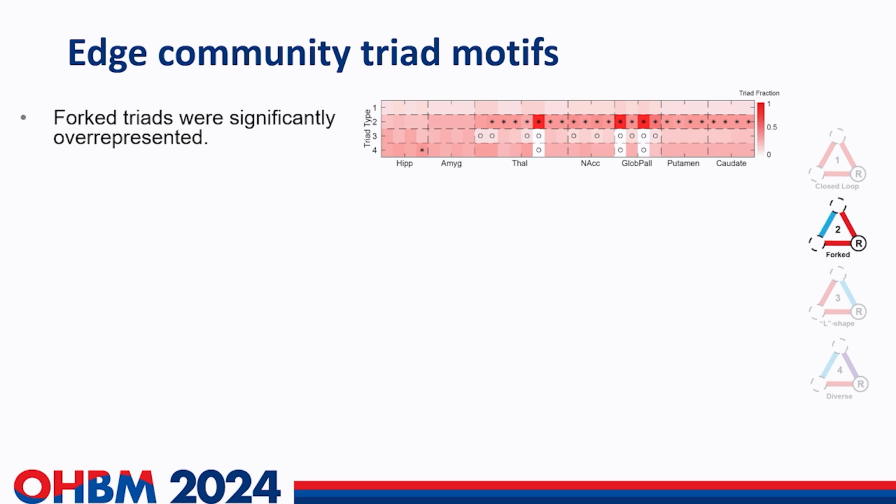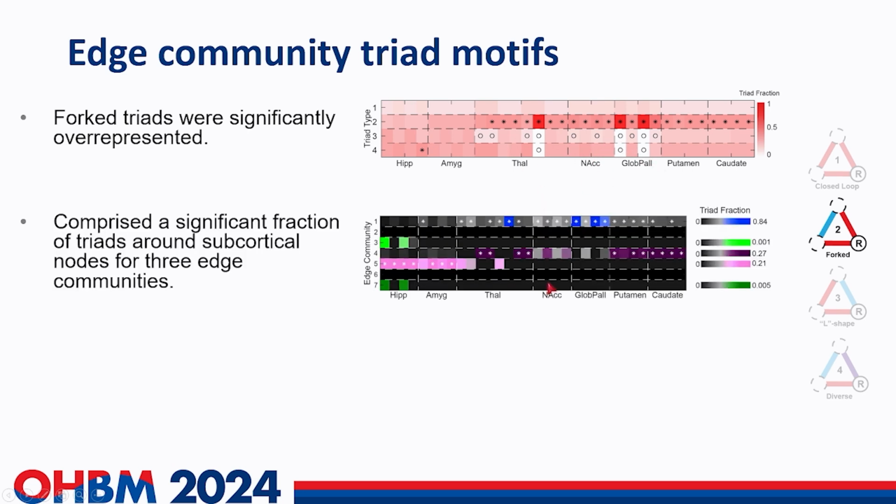Finally, on to motifs. When we did permutation testing to see whether any particular motif occurs at a greater probability than we would expect by chance, this fork with respect to a reference node R, in this case a subcortical node, and then any two other cortical nodes, we can see that the fork triads were significantly overrepresented in the striatal and thalamic structures, while this L-shaped triad was significantly underrepresented.